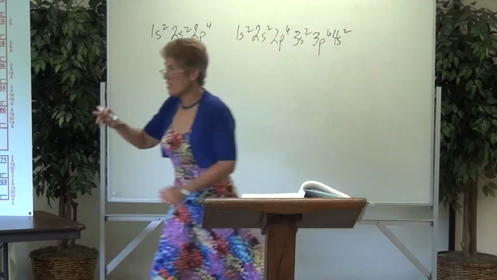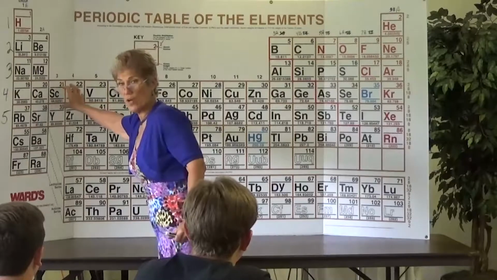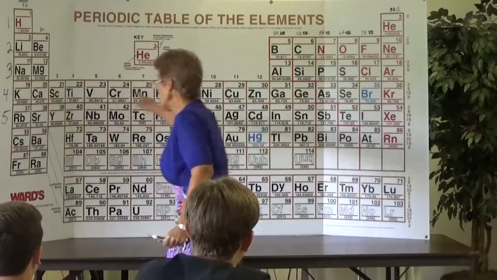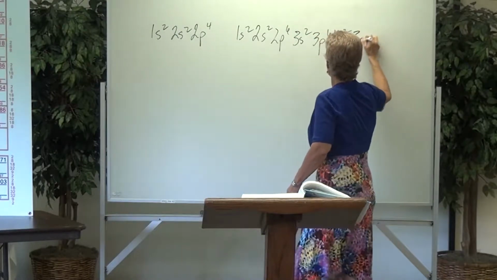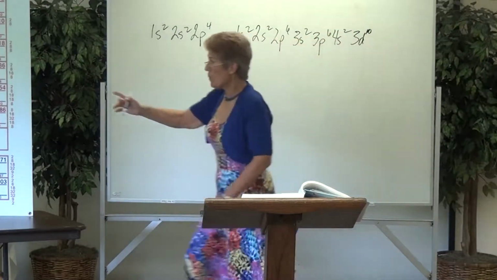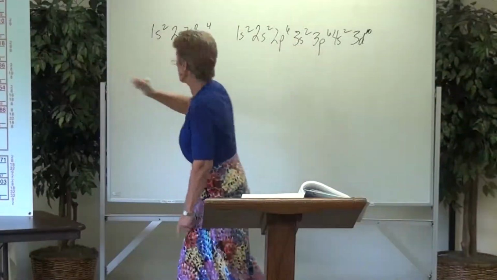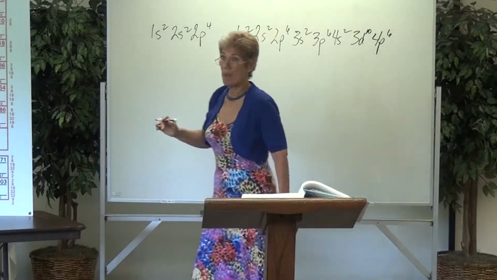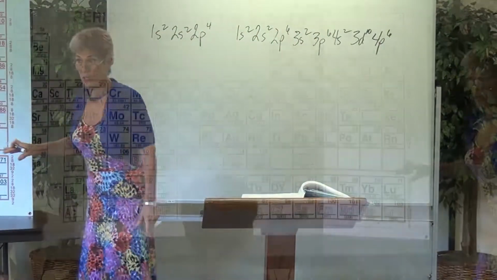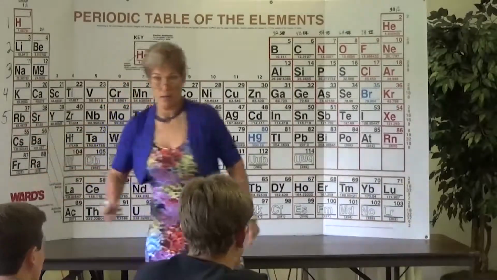Now, when you get to the d orbital, even though it's on the fourth level, you subtract one from the energy level. So this is 3d10. You're back to 4 when you get back to here, so this is 4p6. Like I said, I had to have all that memorized. You can look at your chart and do it. Then you come back down here, and it's 5s1.